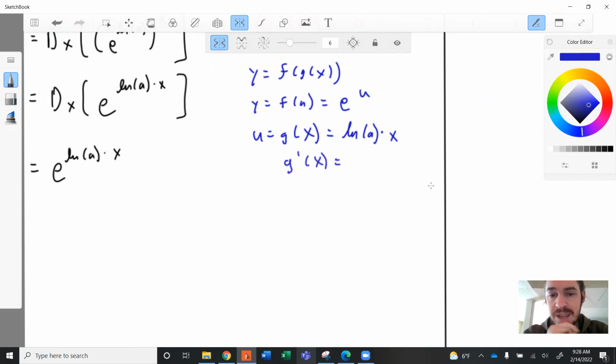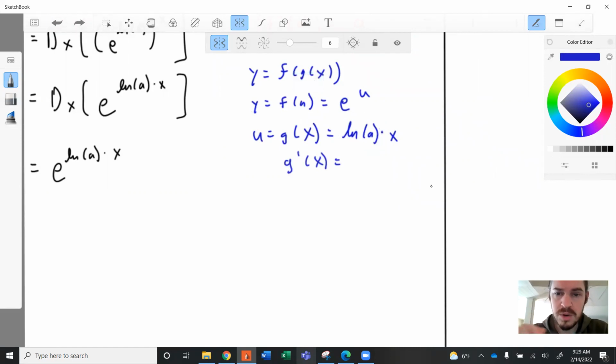Well, this is tricky because on the surface it looks like you might need to know the derivative of a natural logarithm in order to do this, but actually you don't. The reason is that what's inside the natural logarithm is just a constant, a. Since there's no variable inside there, we don't need to do any derivative of that part. We take this entire natural log of a and treat that as a constant multiple.